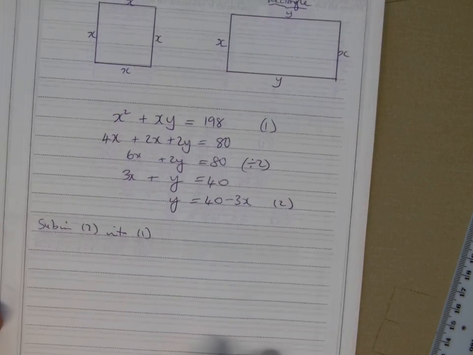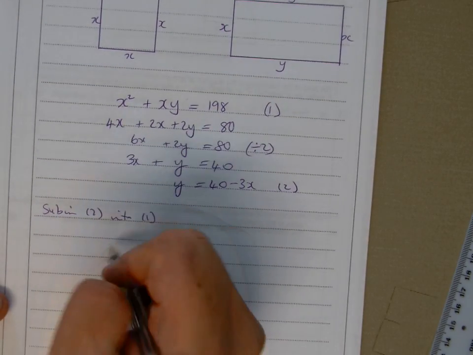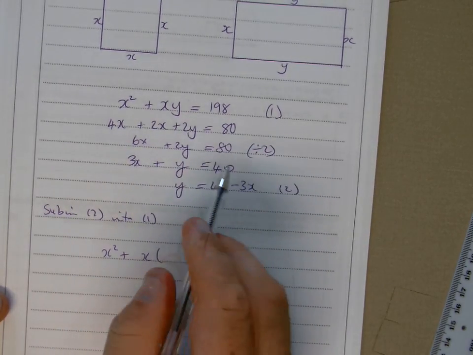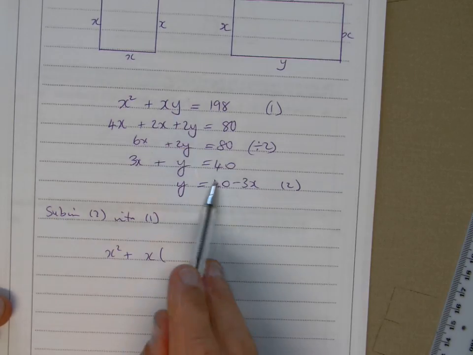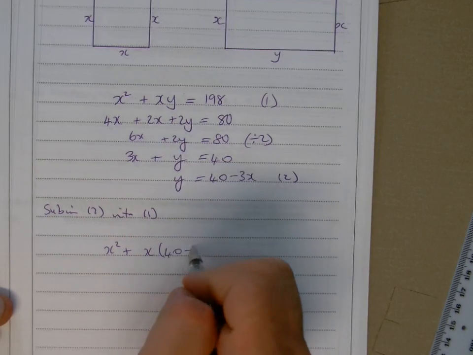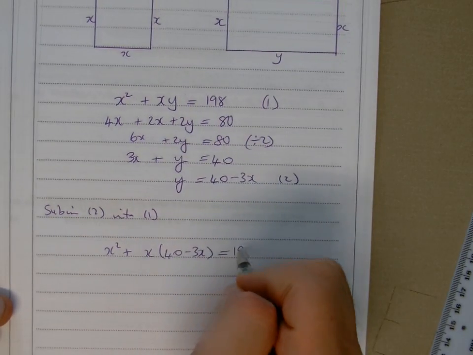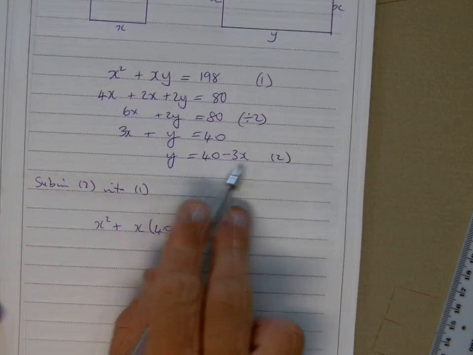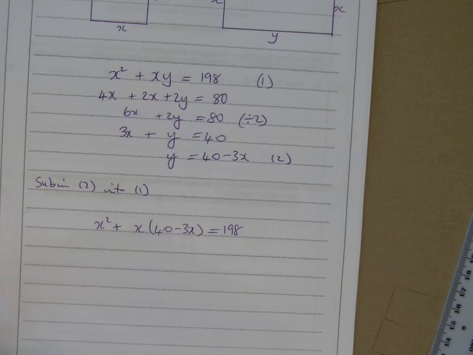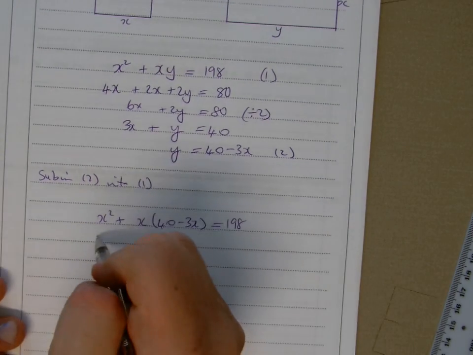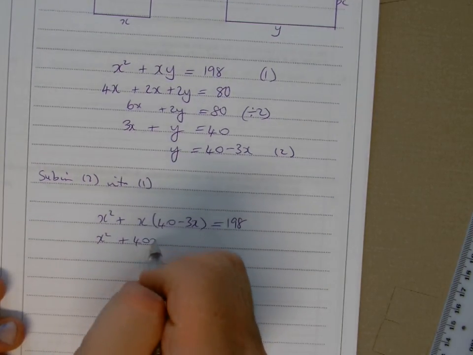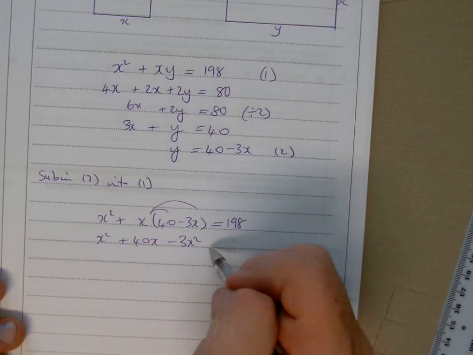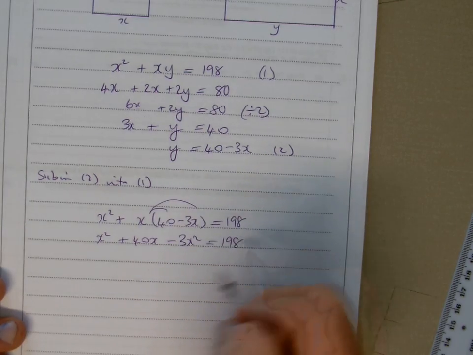So I've got x squared plus xy, but y is 40 minus 3x, and that equals 198. Multiplying out, this becomes x squared plus 40x minus 3x squared equals 198.